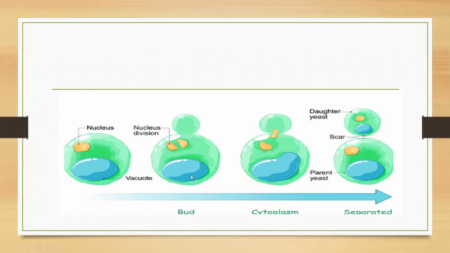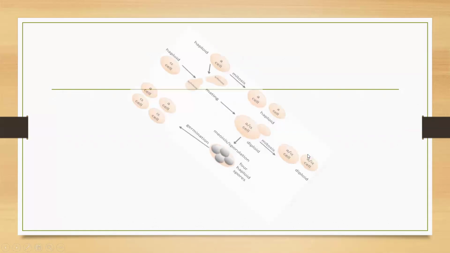Okay. This is called cytoplasm. Already you know. Daughter yeast and parent yeast separation. Look at here. Separated into two nuclei, two cells. This is called budding. Budding is very, very important. Okay. Next.